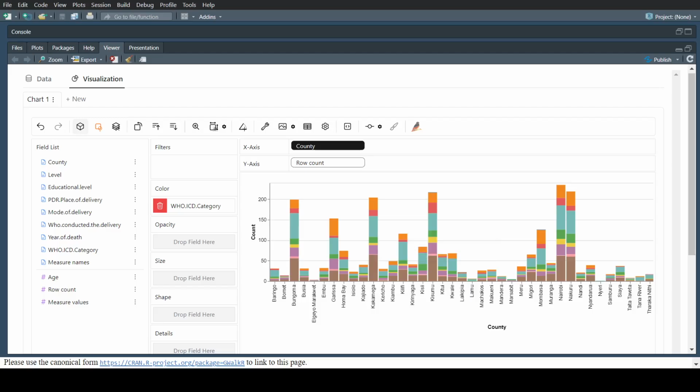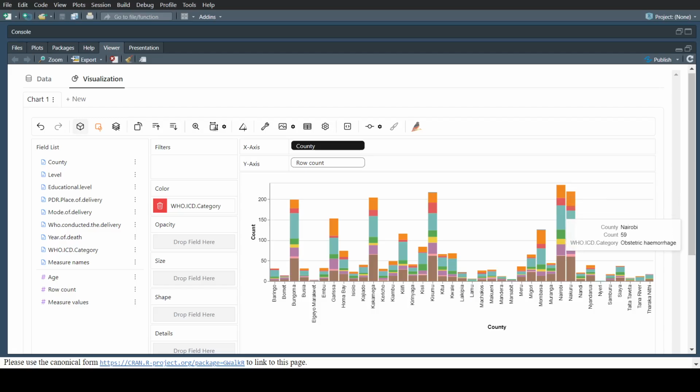This is based on the WHO ICD 11 maternal mortality classification. So we can see Nairobi has the highest number of deaths, followed by, I think, Nakuru, then Kisumu, then Kakamega, and then Bungoma.